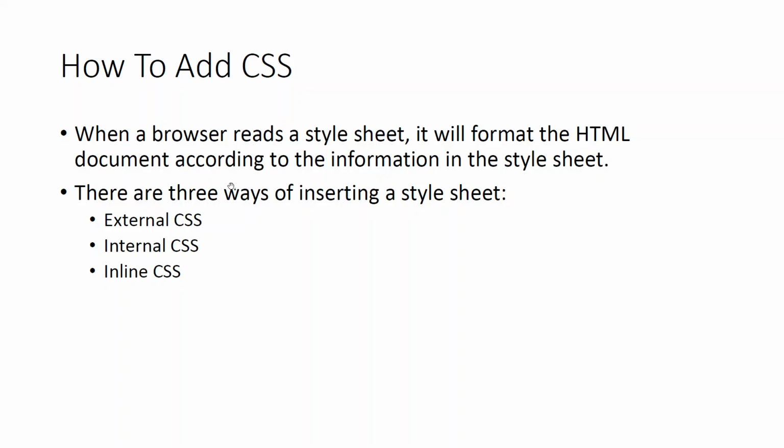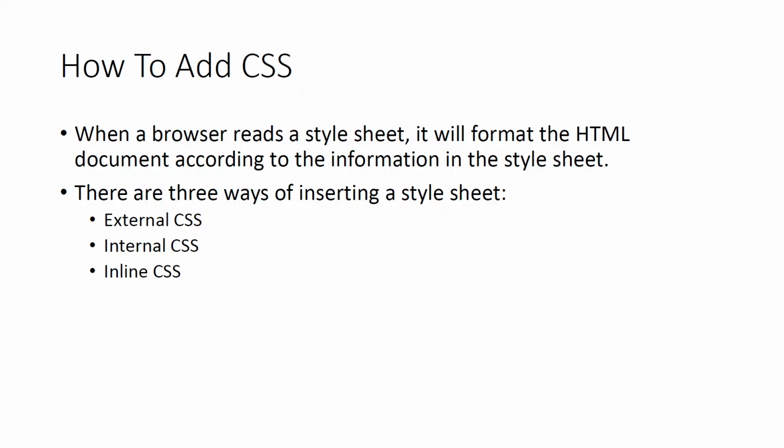Then the last one is the external. In the external CSS, we store our styles in a separate file with a file extension called .css. Then later on, we just go ahead and link that particular file to our HTML using what we're calling a link tag. It's the link tag which you're going to put in the head section, just probably after the title tag or any other way.